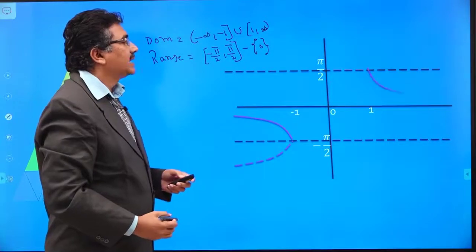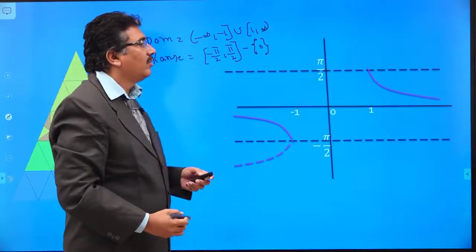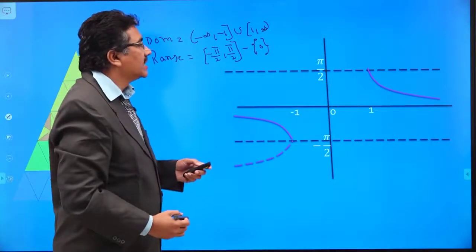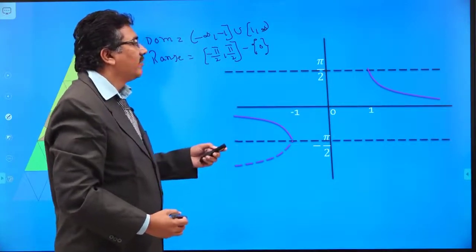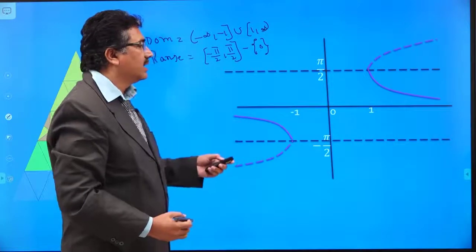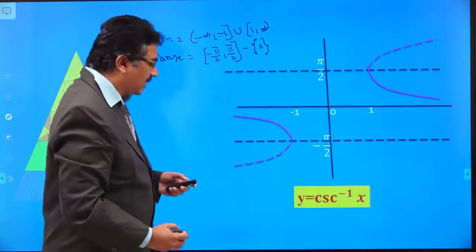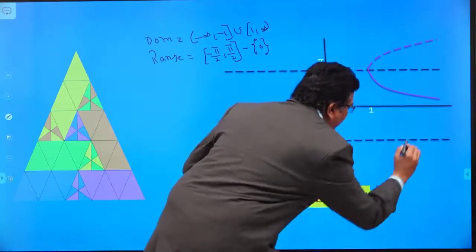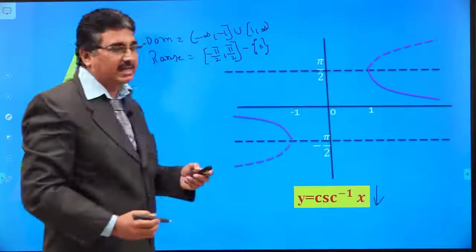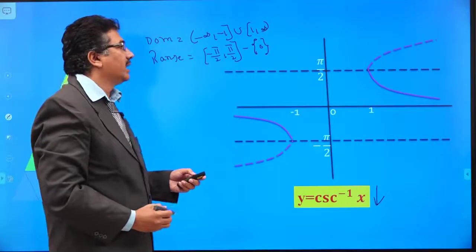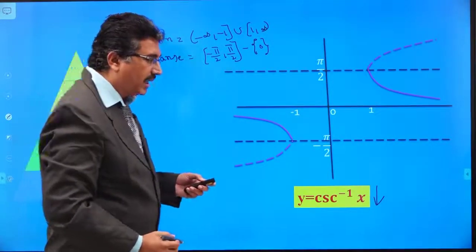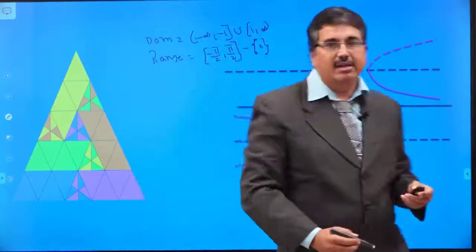If x increases from 1 to infinity, then cosecant inverse x decreases from pi by 2 to 0. Therefore, cosecant inverse x is a decreasing function. These are the graphs of inverse trigonometric functions.